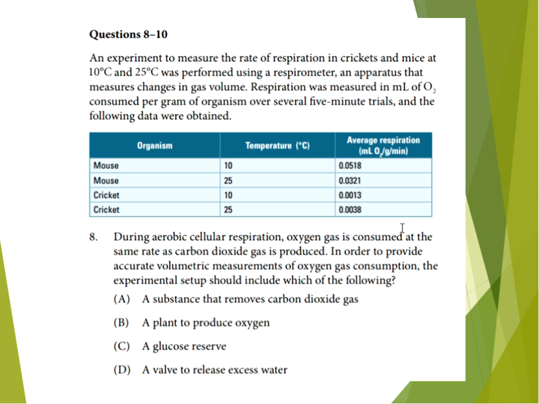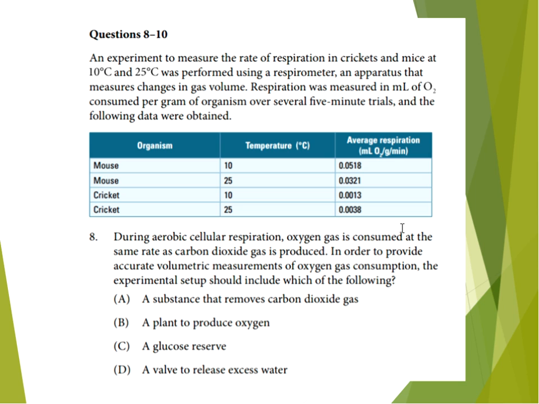Okay, so during aerobic cellular respiration, oxygen gas is consumed at the same rate as carbon dioxide gas is produced. So we have oxygen gas being consumed and carbon dioxide being produced. In order to provide accurate volumetric measurements of the oxygen gas consumption, the experimental setup should include which of the following?